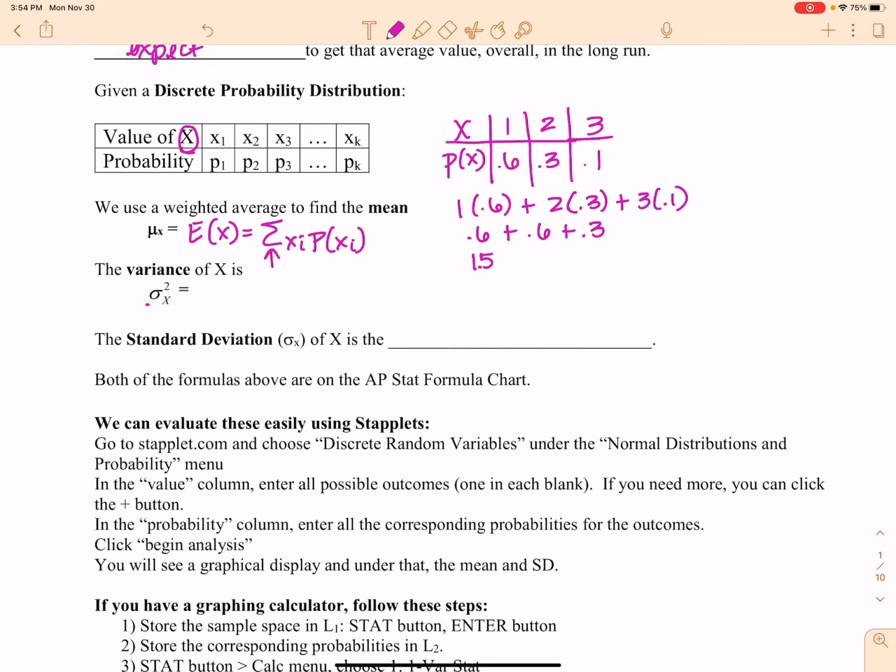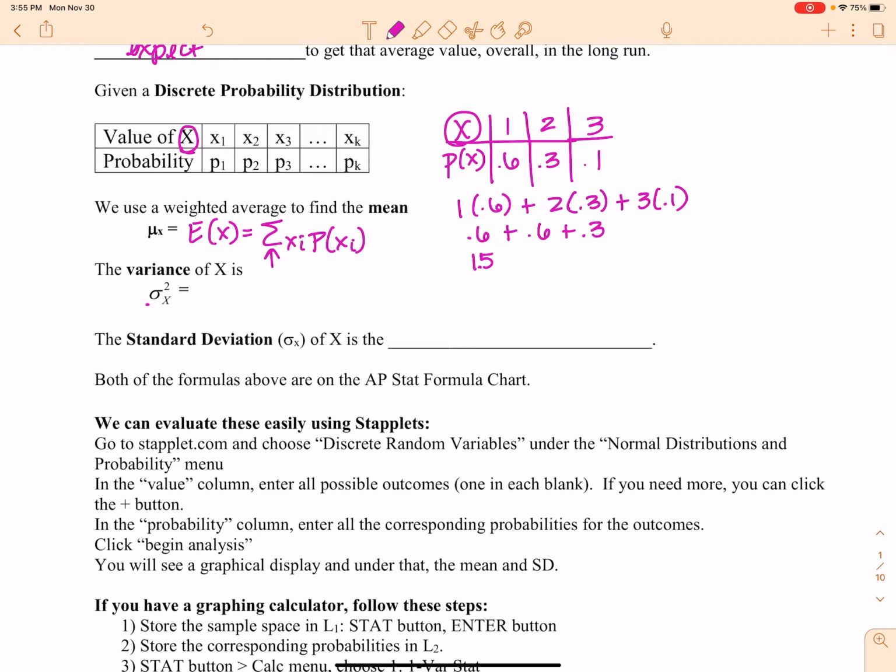So for this particular situation, whatever X is, whatever that represents, I can expect in the long run, if I take many samples, to get an expected value of 1.5. So when you see the words expected value, in your head you need to be thinking, oh, that's a weighted average. Please keep that in mind as we move forward with this.